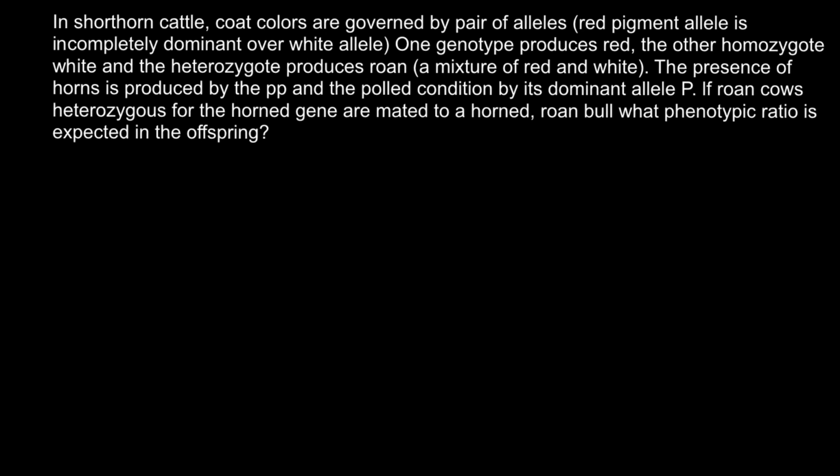So we have two alleles for one trait, which is color: capital A and small a. These two alleles can produce, in diploid organisms, three genotypes: capital A capital A, capital A small a, and small a small a. And because we have incomplete dominance here, instead of two phenotypes we have three phenotypes.